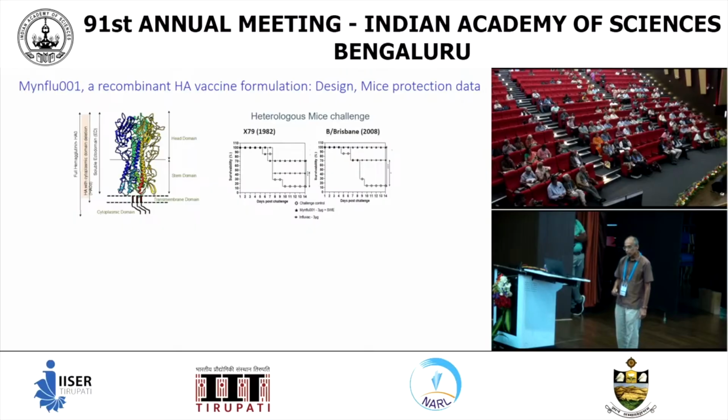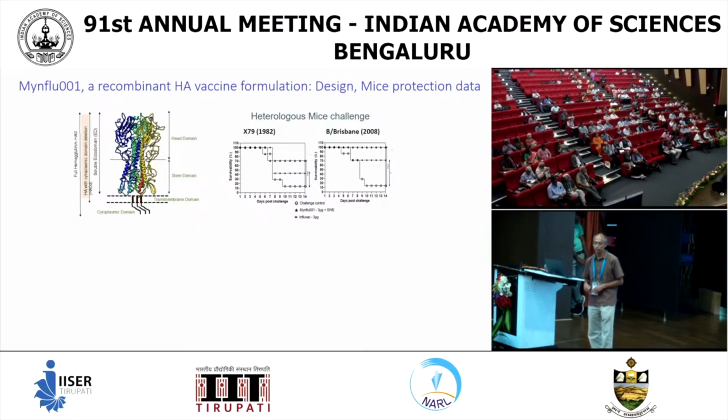Now, this is a relatively cumbersome process, and one egg produces one human dose of the vaccine. So for 1 billion people, you need 1 billion eggs. So clearly, it's not a scalable situation. And it's even worse if there is an avian origin flu pandemic, because avian viruses are toxic to eggs. They kill the eggs. So we need to have better ways of making vaccines.